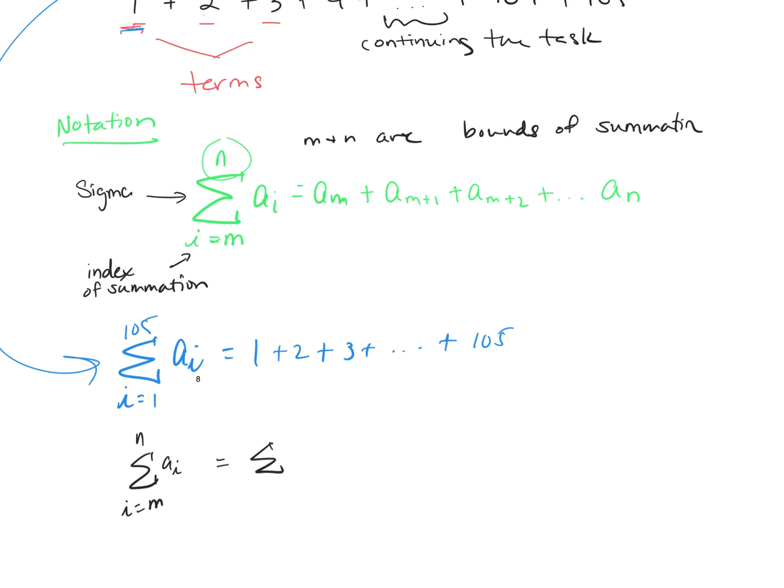This could be the same as j equals m up to n, with a j there. I can use k. It doesn't matter what the index of summation is, as long as you know where to put it in when you do your problem. We can use other Greek letters. Okay, so I'm going to go over to the next page, and we're going to do a few things on there with example A and B.